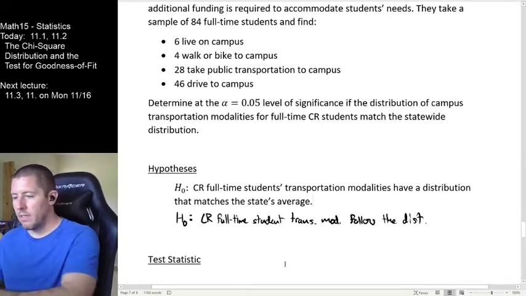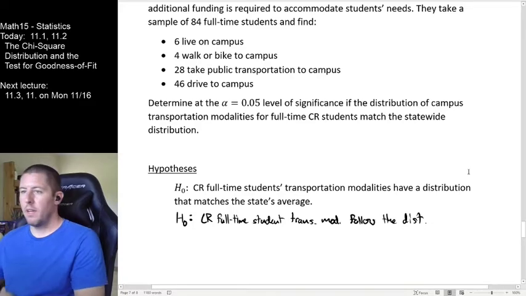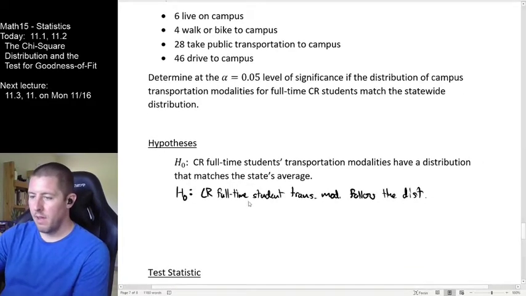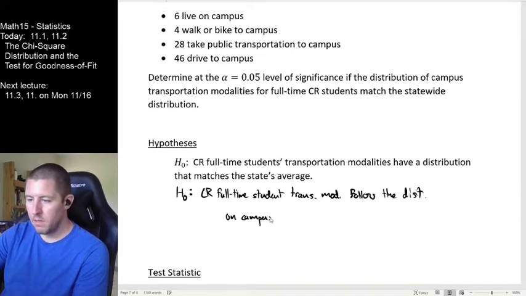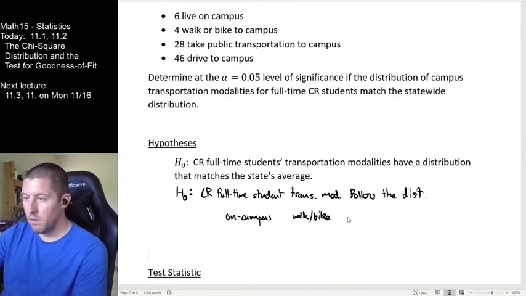And I'm just going to make a little table of the distribution. It looks like we have on campus, walk or bike, public transportation, and drive.